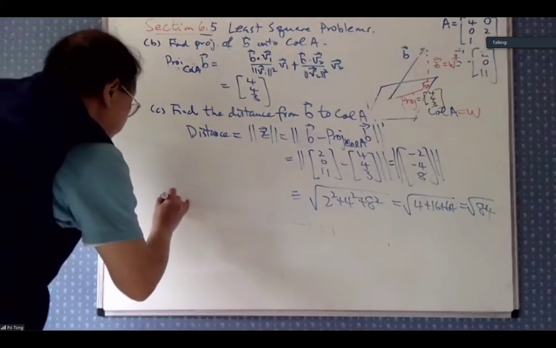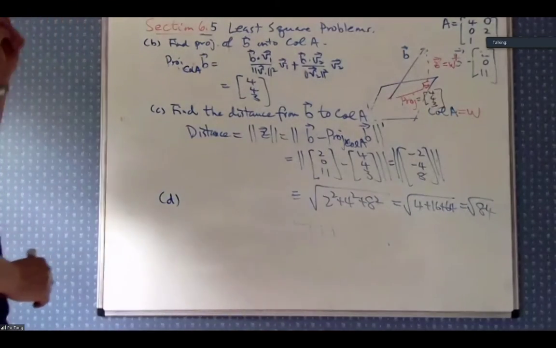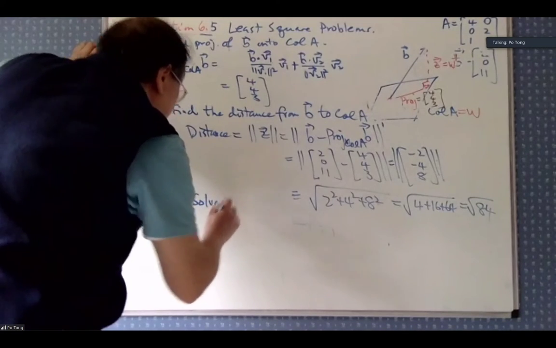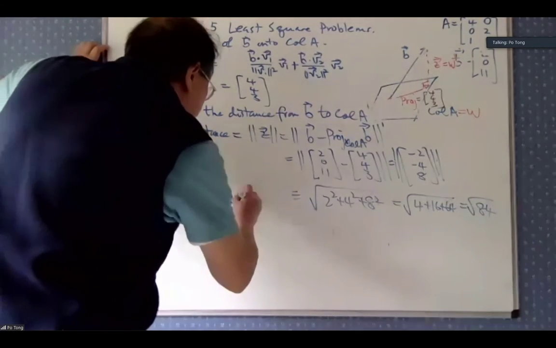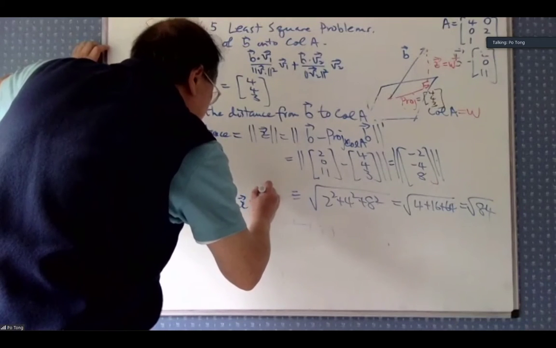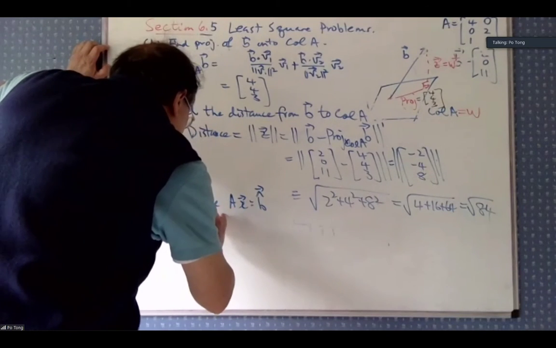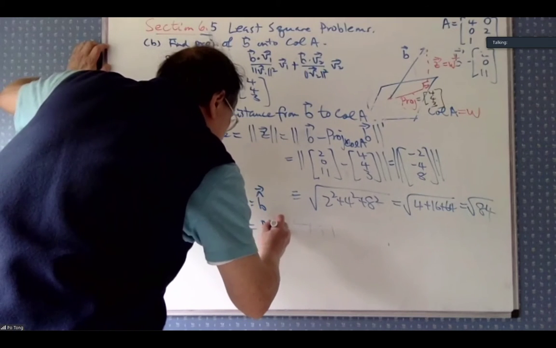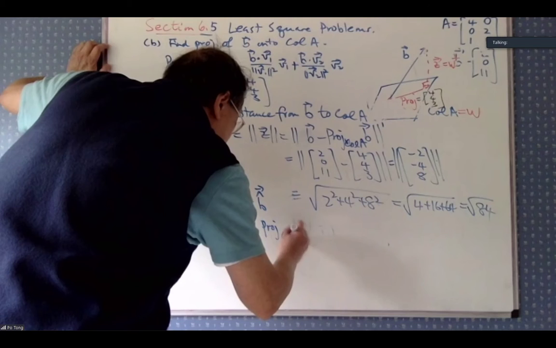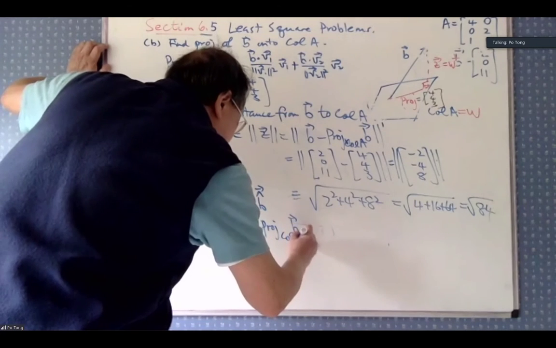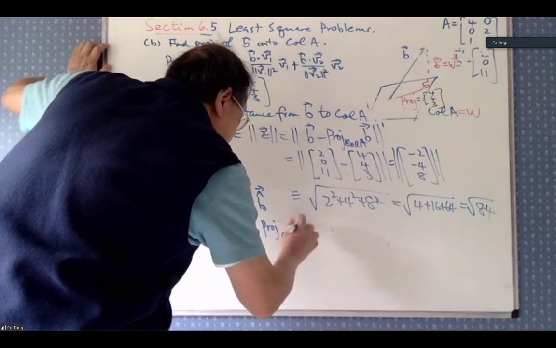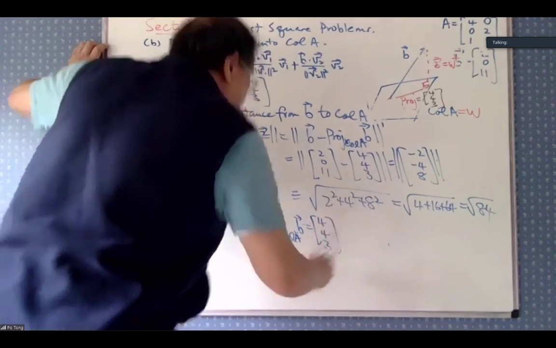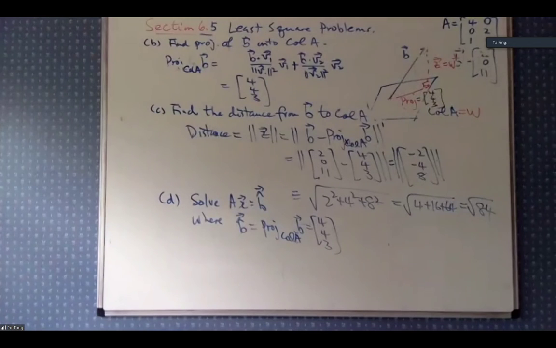Part B. AX equal to B hat, where B hat is the projection of B into the column space of A, which is equal to 4, 4, 3.